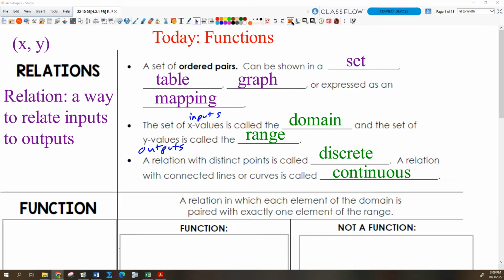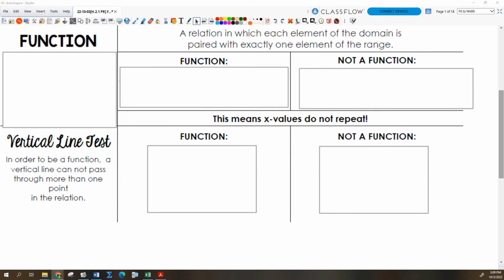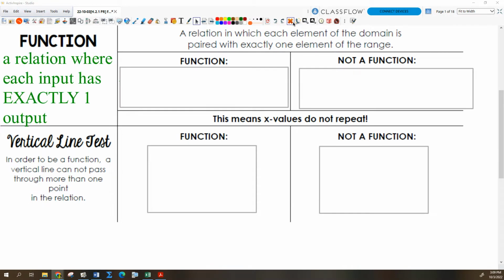A relation is just a way to take input values and connect them to output values, or generate output values. A function is a special type of relation in which each element of the domain is paired with exactly one element of the range. A simpler, more concise way of saying that would be a function is a relation where each input has exactly one output.